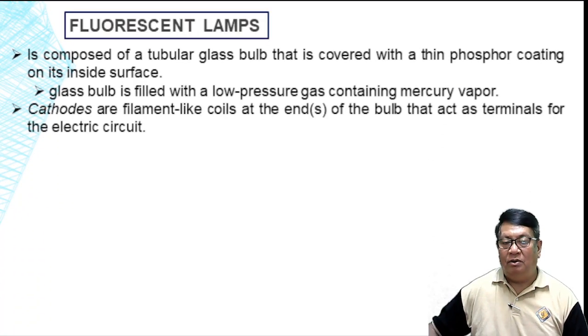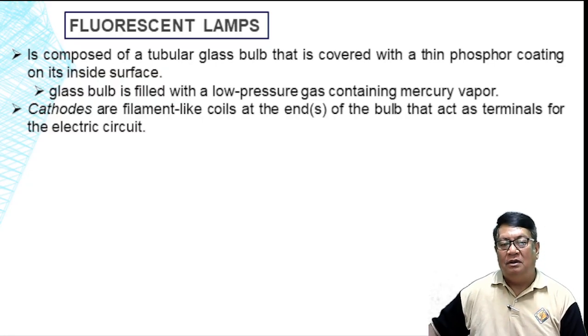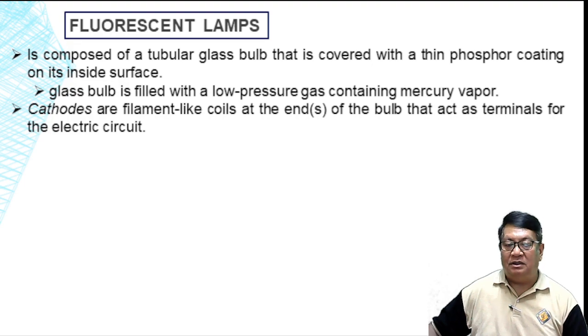Another type of lamp is the fluorescent lamp. It is composed of a tubular glass bulb covered with a thin phosphor coating, or white powder, on the inside surface. The glass bulb is filled with a low pressure gas containing mercury vapor.